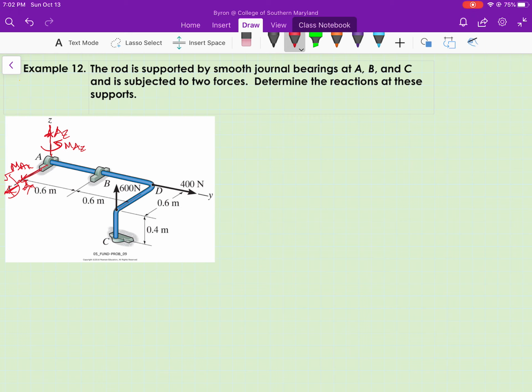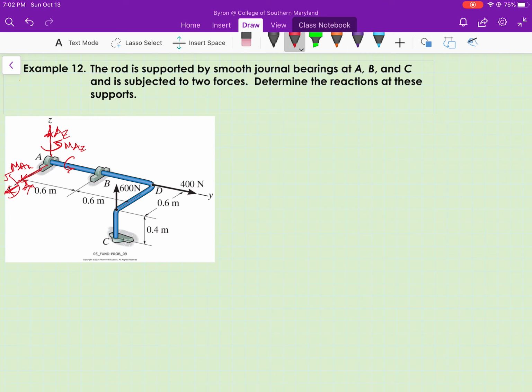And the rod is free to rotate about the y-axis, given the definition of a smooth journal bearing. Now, if we just had a single journal bearing, that would be how we would show the support reactions on our free body diagram.